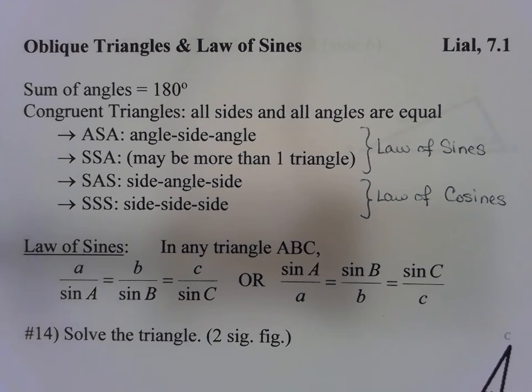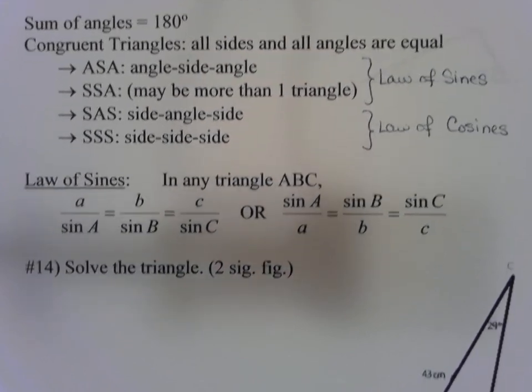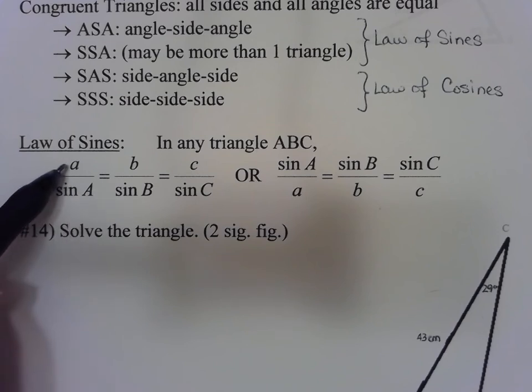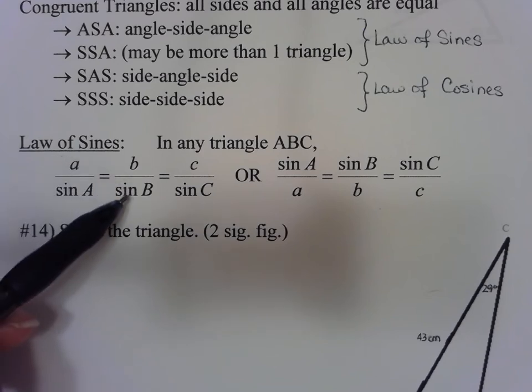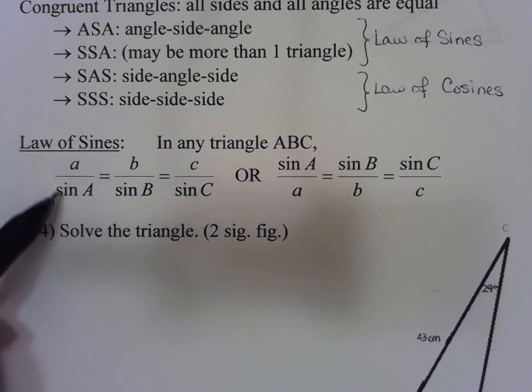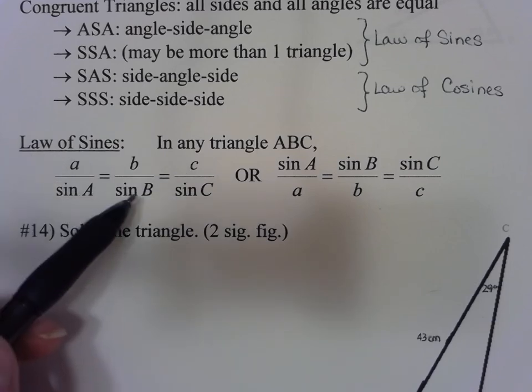All right, well today in this video, we're just going to talk about the law of sines. And the law of sines says that I can take a ratio of the sine of the angle and the side opposite that angle, and the ratio for each side and angle pair that are opposite each other in the triangle is equal for all the sides.